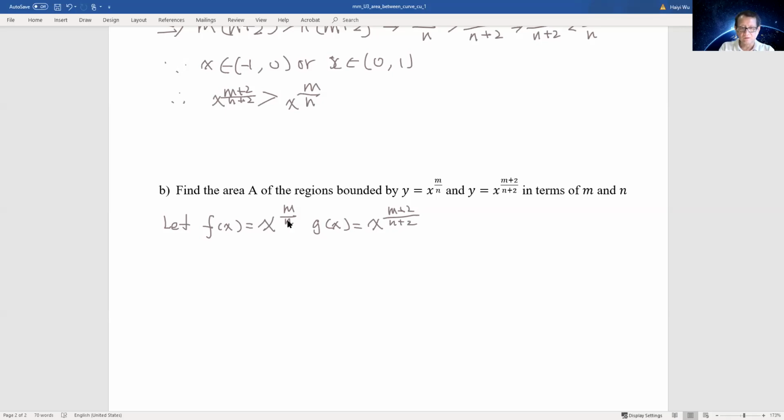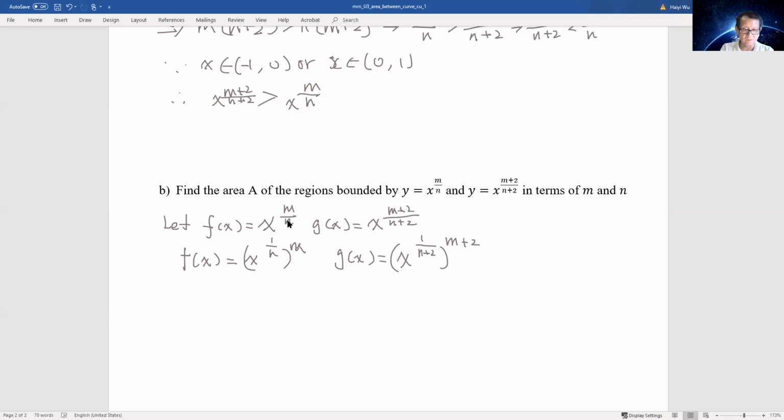Looking at fx, it is 1 over n, so I put an m outside the bracket, and for gx I do the same. You can see both fx and gx have an index form, like an exponential function.